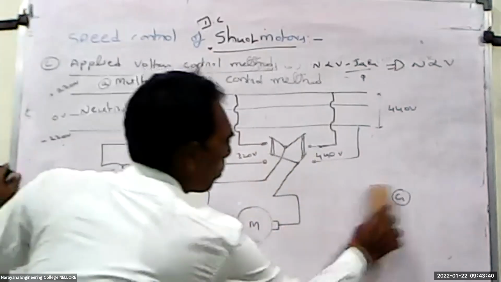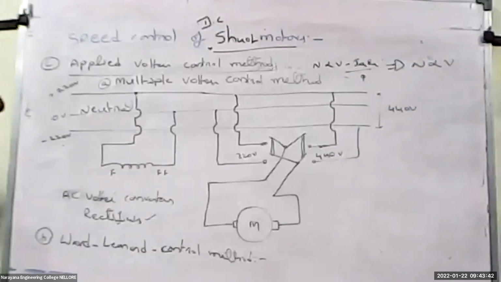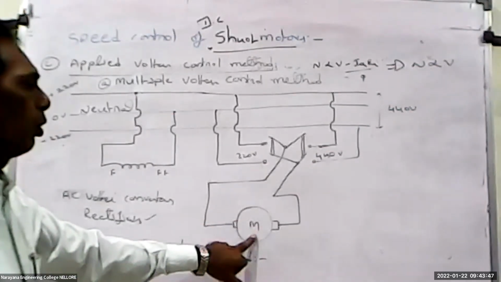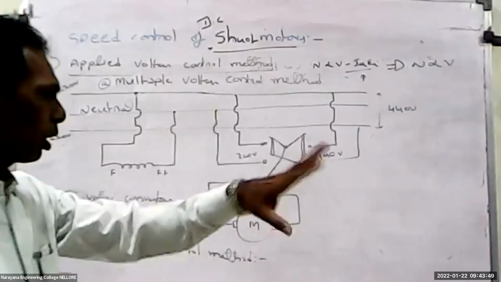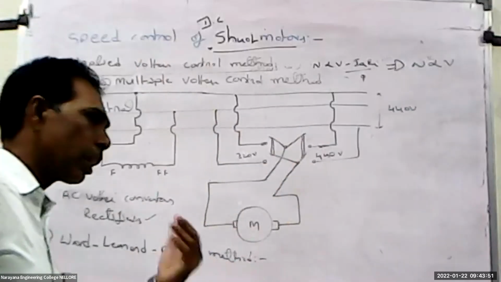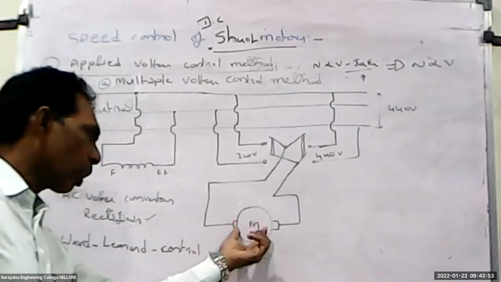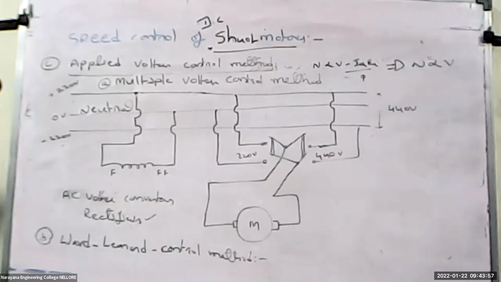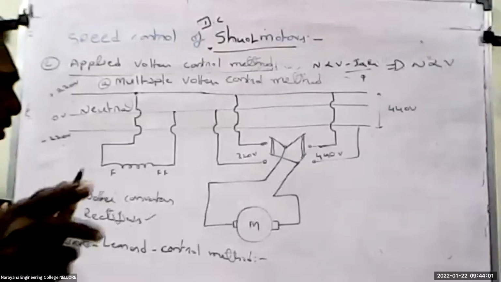Same as this one, but if we want to control the motor speed, we connect one more motor, and if we want to get the power to the motor, we connect one more generator. That is the combination of a motor generator set.